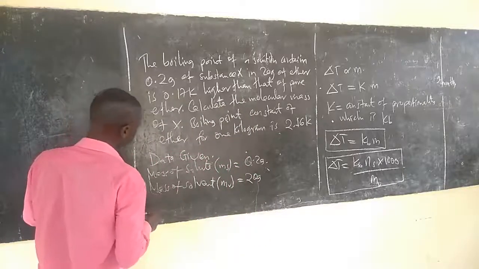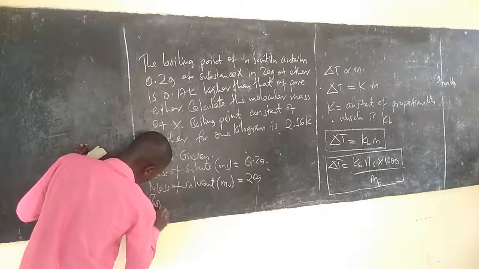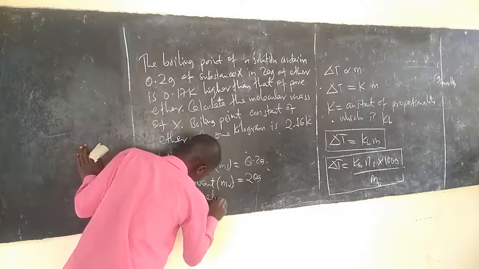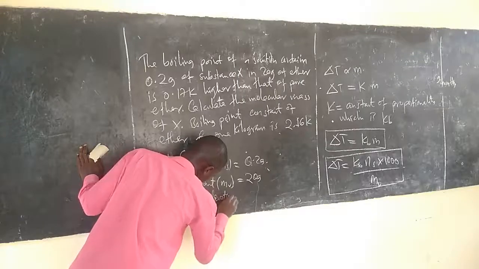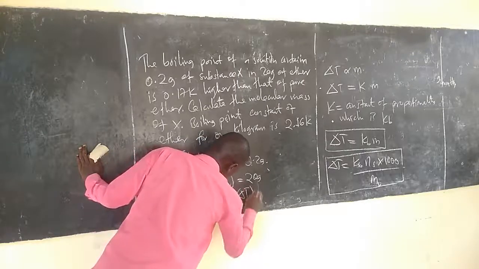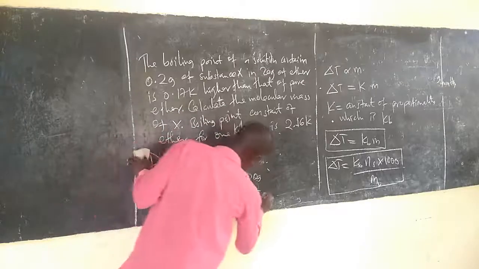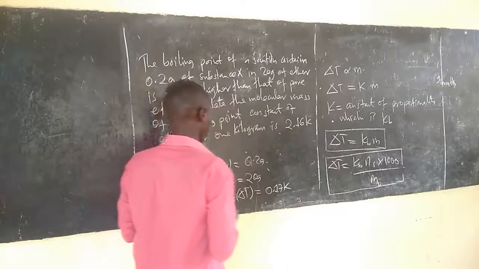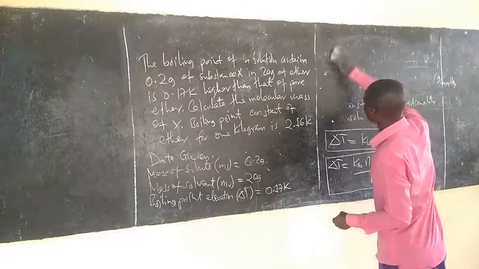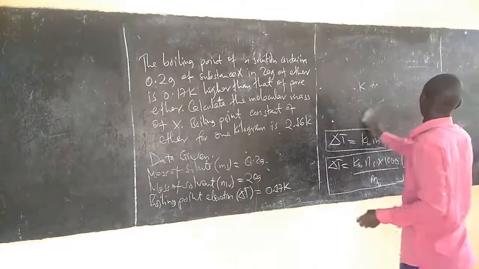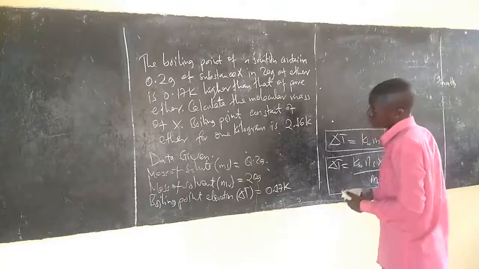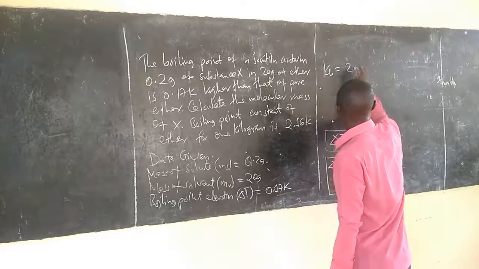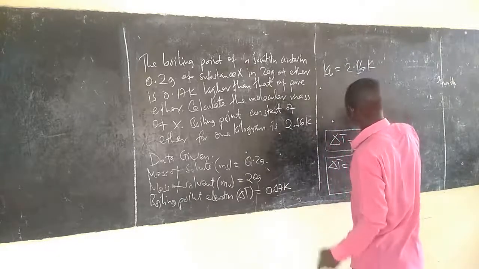We are given the change in temperature, the boiling point elevation, which is 0.17 K. And we are given Kb, 2.16 Kelvin.